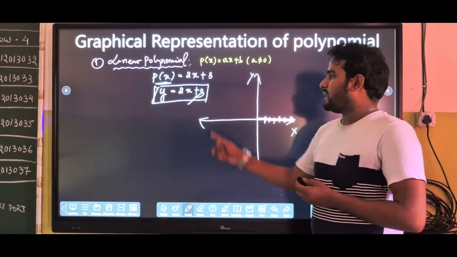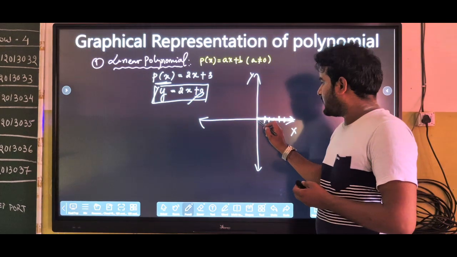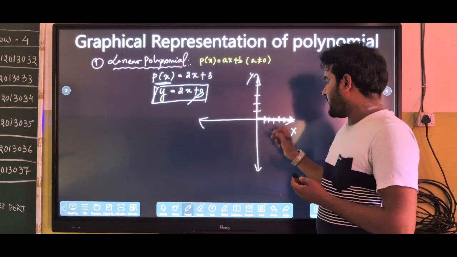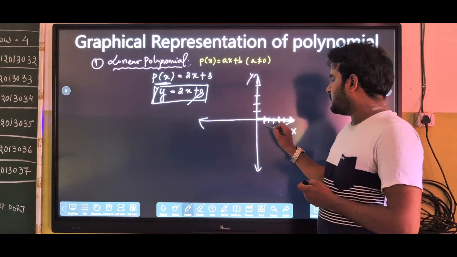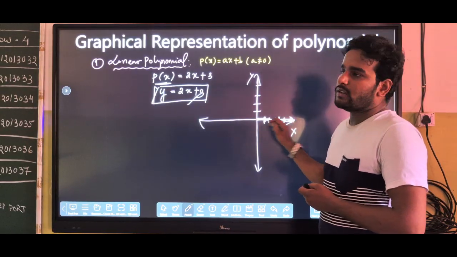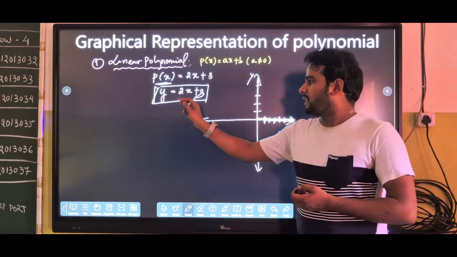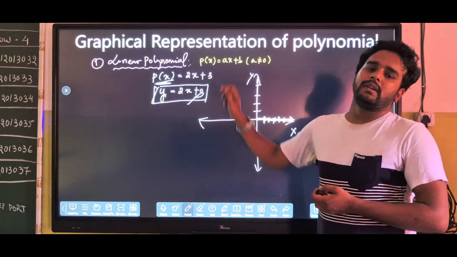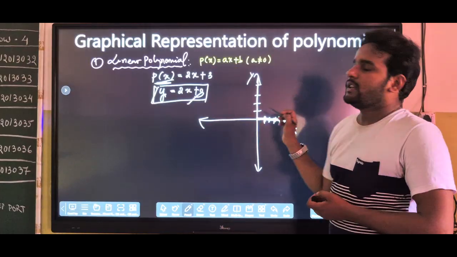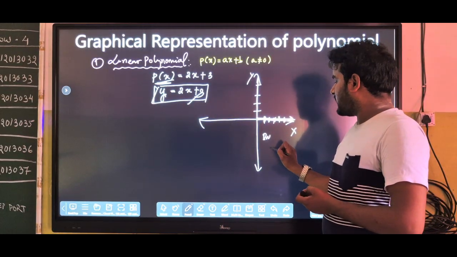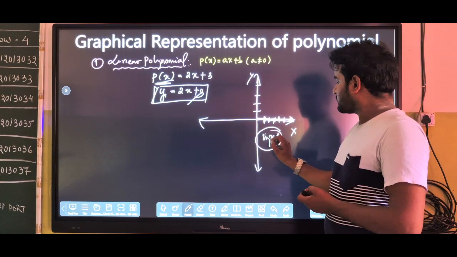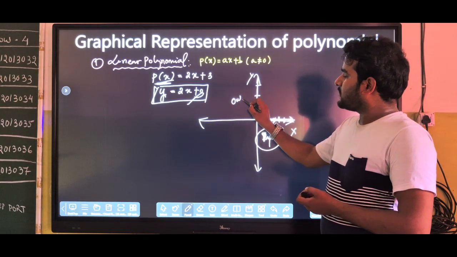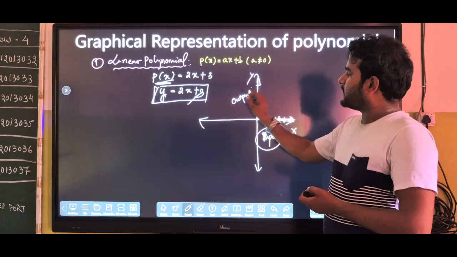And later, whatever result I will get will be represented along the y-axis. Whatever values I am taking will be along the x-axis. Whatever value of the polynomial I get, we will take it along the y-axis. So the x-axis is termed as the input axis, and this is termed as the output axis.